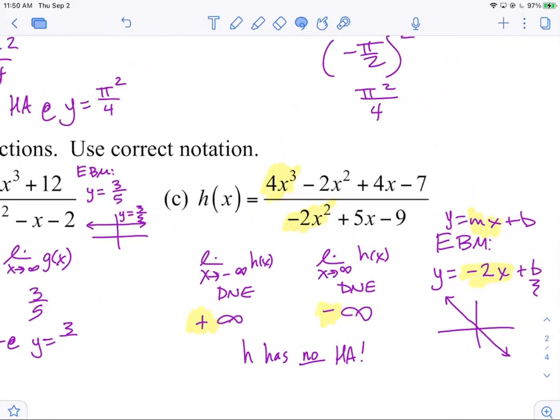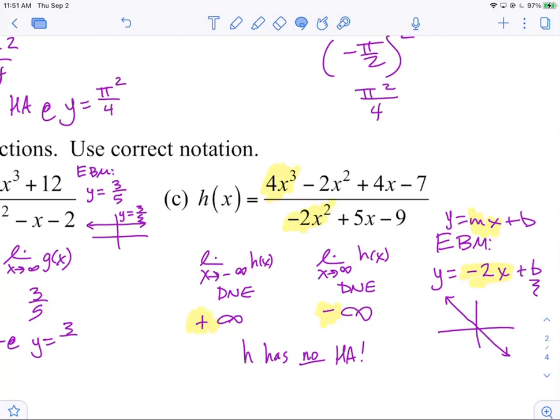The end behavior limits were some type of infinity. But because the top's degree was larger by exactly 1, we know that the end behavior model ended up being linear, x to the first. And we can get the slope of that line simply by looking at the simplified quotient of the leading coefficients, which is enough to give us the end behavior.